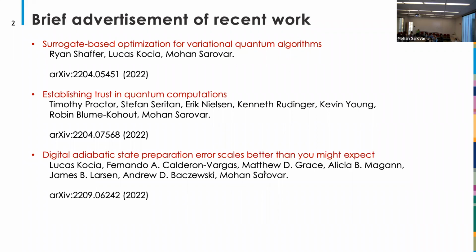In most cases of utility, you don't know what the output should be. So how do you know whether the output that you get from a device is accurate? And the last one I'll briefly advertise is some work that we did on tightening error bounds on adiabatic evolution when you digitize it. When you use a quantum computer to do adiabatic time evolution, we understand the error much better as a result.